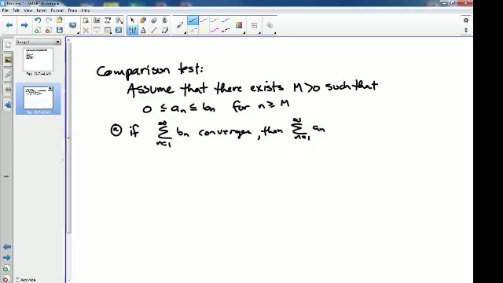That's because b sub n is on top of it, right? And a sub n's under it. So b sub n stops, a sub n has to stop too, right? It has to converge.